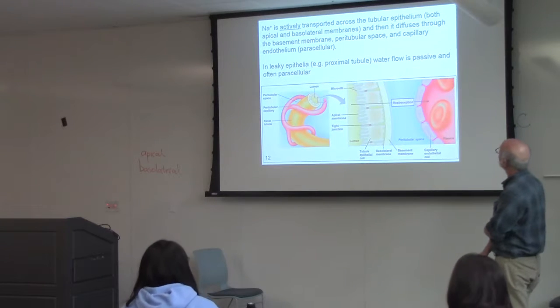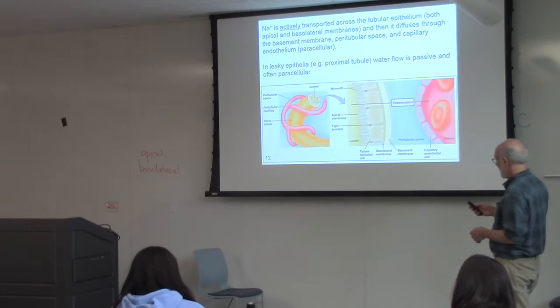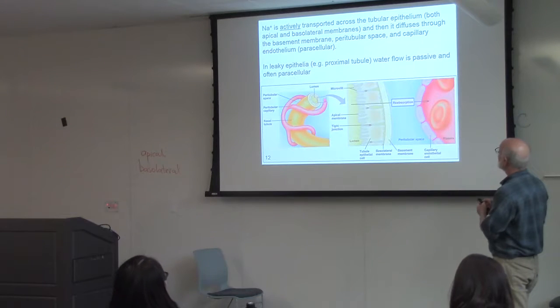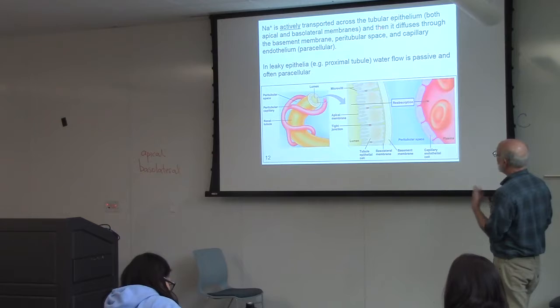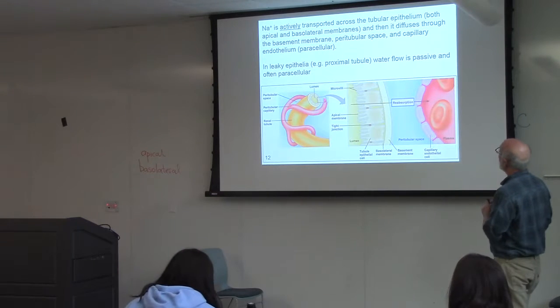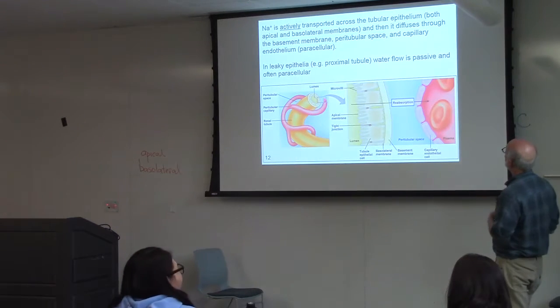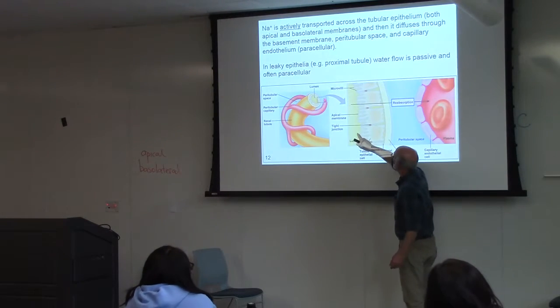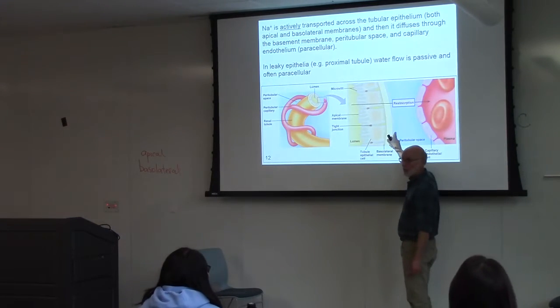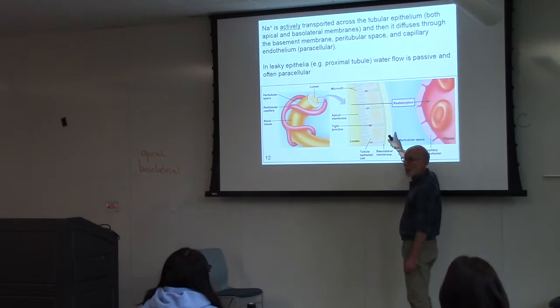Let's skip this one. It basically says stuff that you already know. Sodium is actively pumped across the epithelium, it's pumped across the basolateral membrane, and it flows across the apical membrane. And then it diffuses. I guess this is the point. Remember, we have gotten sodium from here to here by all these transport mechanisms that you should start to be able to recite.